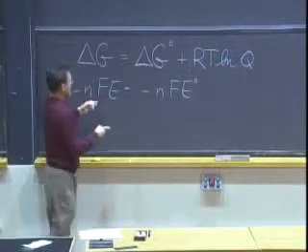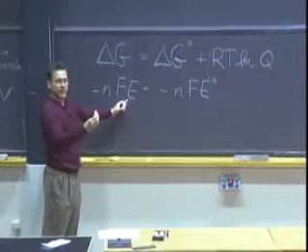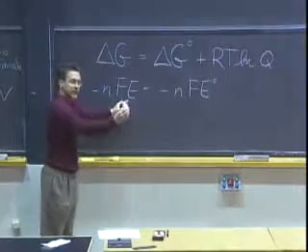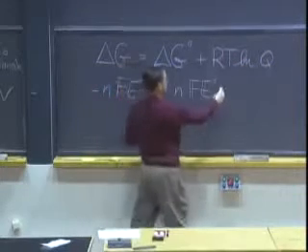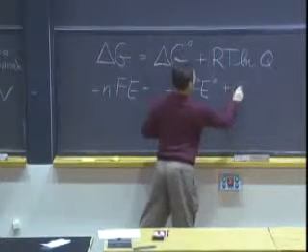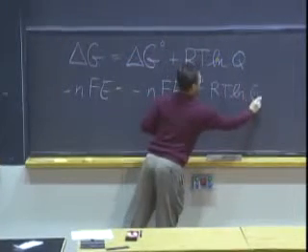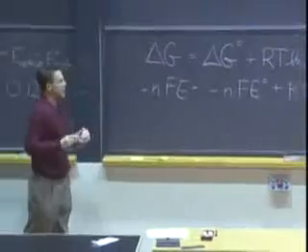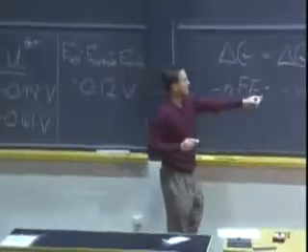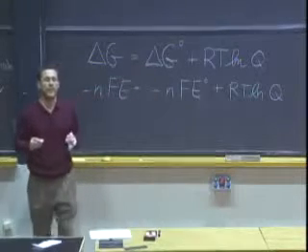That shows how the potential at any particular point along the reaction going to completion is related to the standard potential. All I've done now is substitute minus NFE and minus NFE0 in for delta G and delta G0 for the reaction.